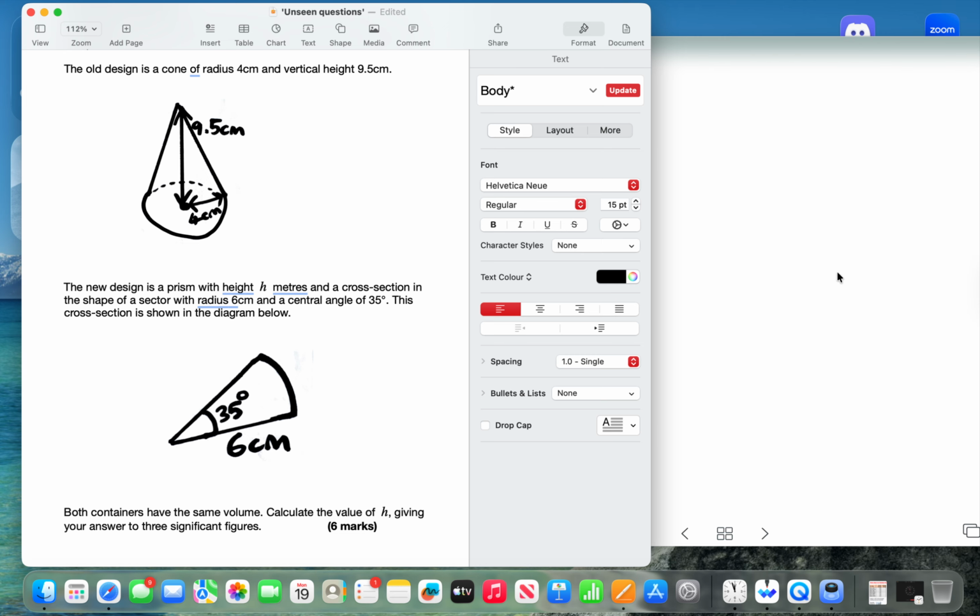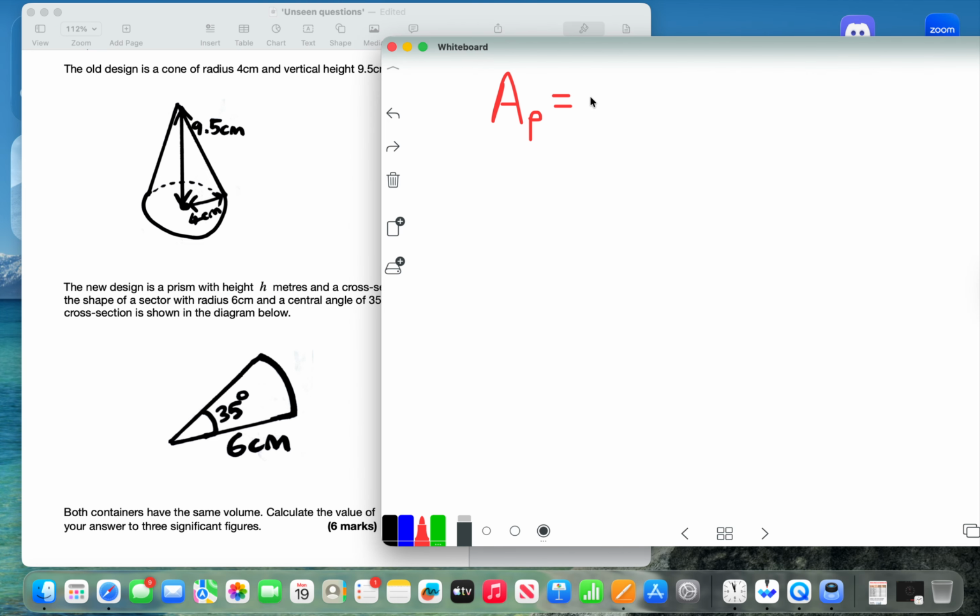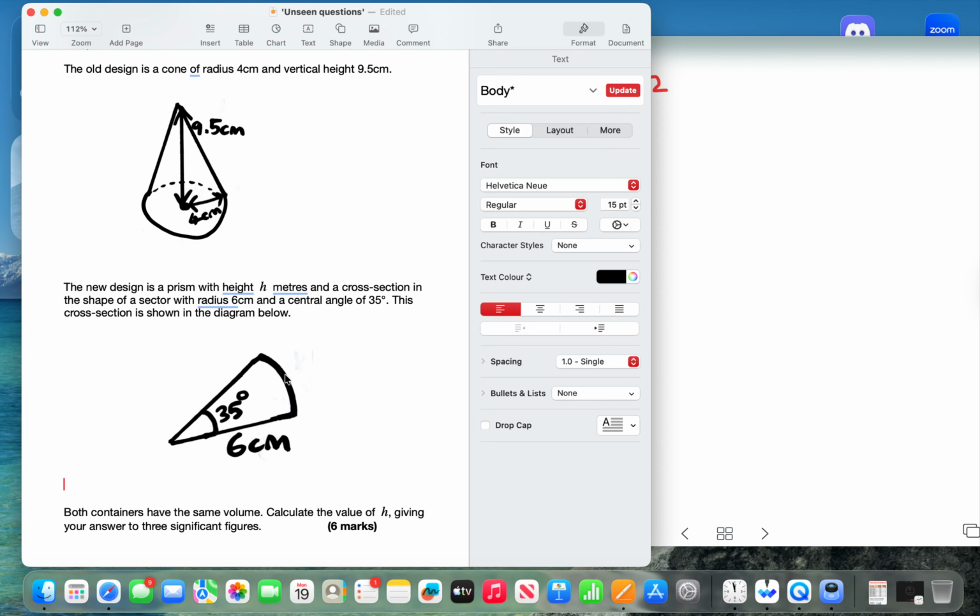The idea is it's a portion of a circle. So the formula is, to start with, the same as the formula of the circle. Put P at the bottom because it's the radius of the prism cross section and not the cone.